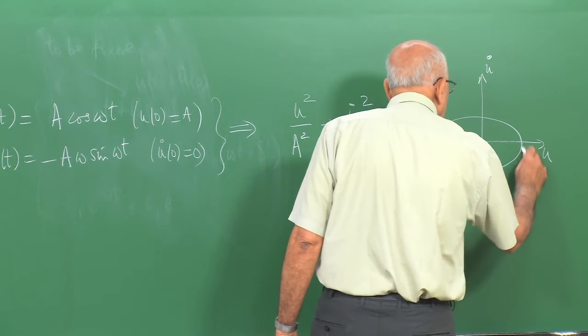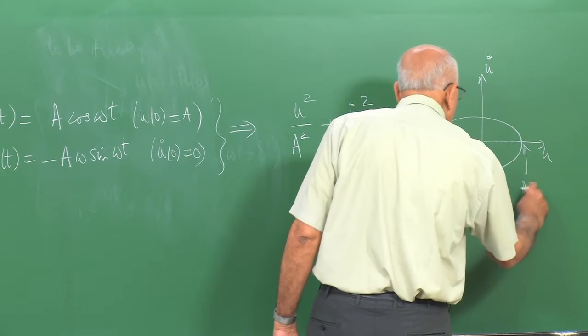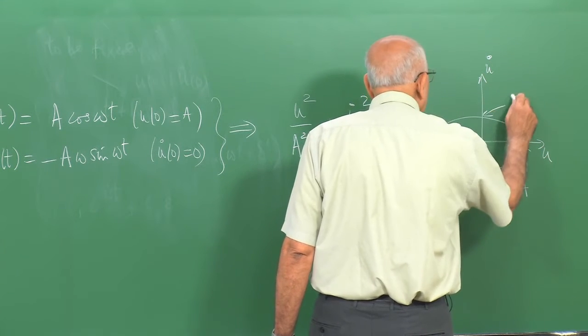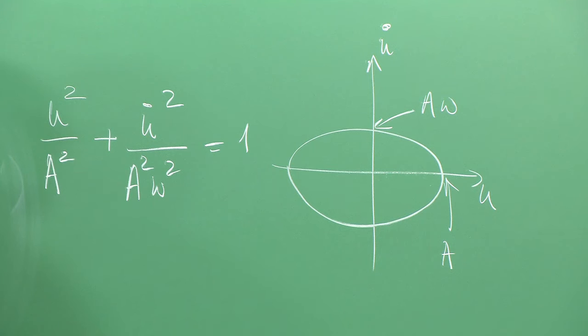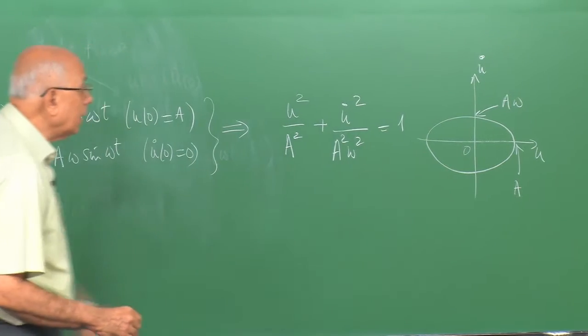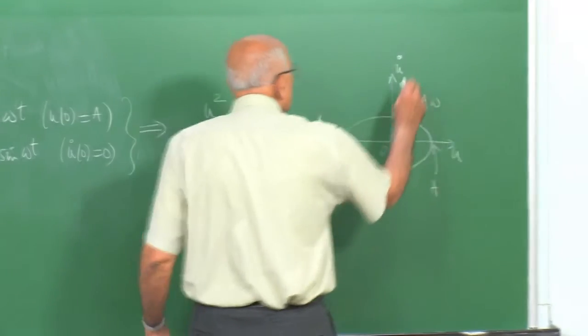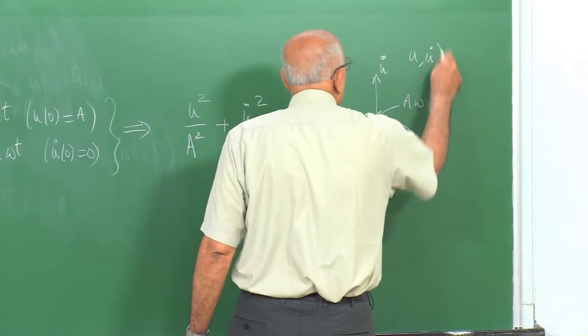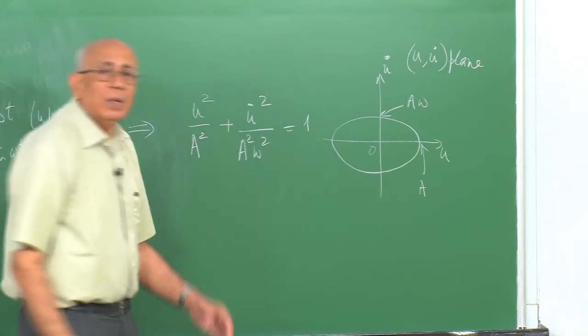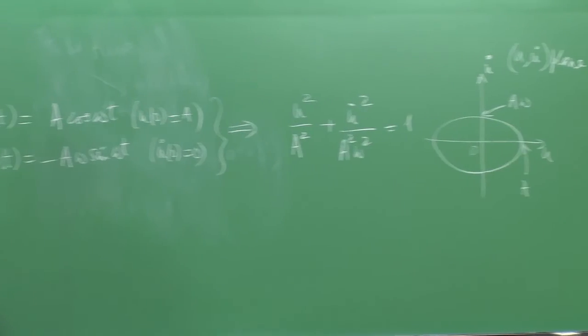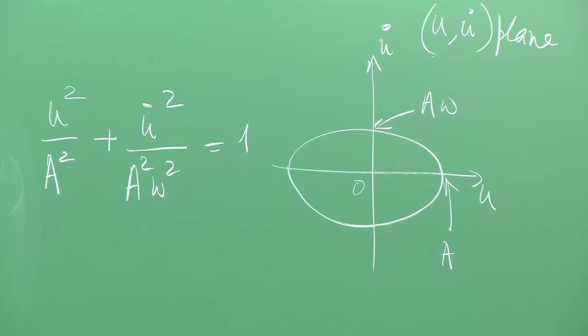This here is the semi major axis, which is a, and this here is the semi minor axis, which is a omega out here, and the ellipse is centered about the origin in the u dot plane. So I should call this the u dot plane, and it is called the phase plane in this problem, but we will come to that in a second.